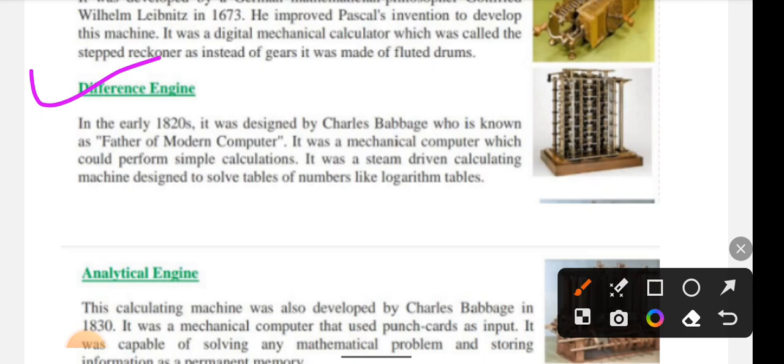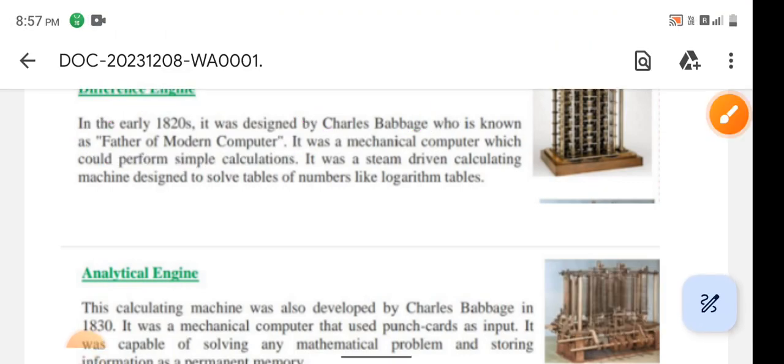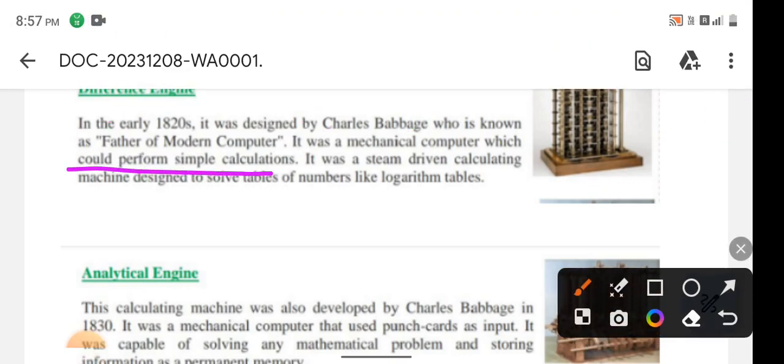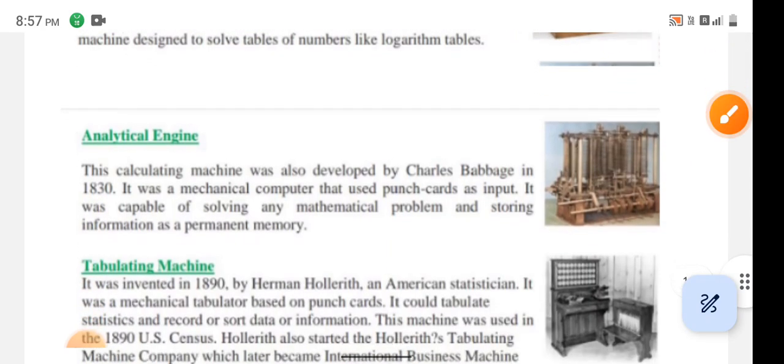Now we are going to discuss the difference engine. In the early 1820s, it was designed by Charles Babbage, who is known as the father of the modern computer. It was a mechanical computer which could perform simple calculations, a steam driven calculating machine designed to solve tables of numbers like logarithm tables.